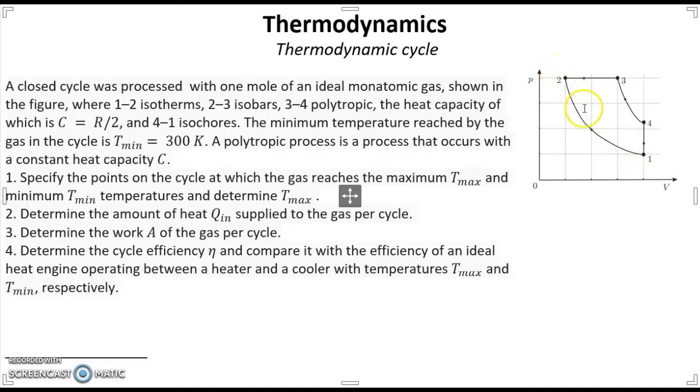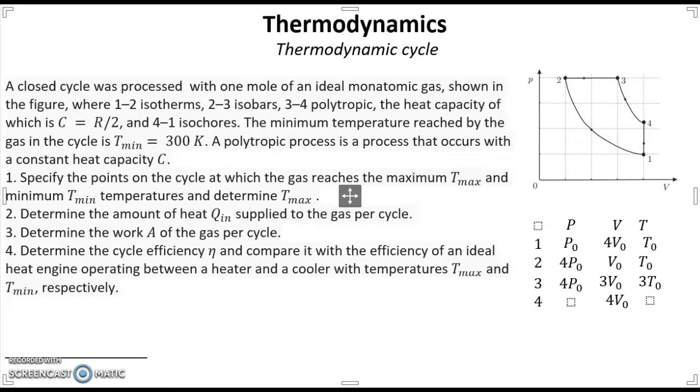So this is how to find the minimum temperature during the whole cycle. That's 300 kelvins.